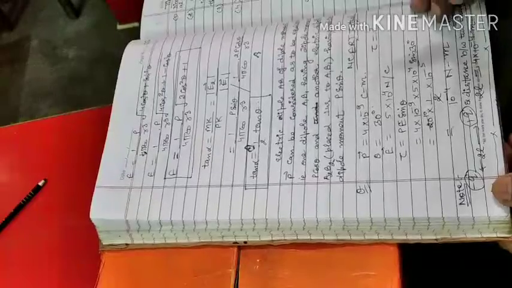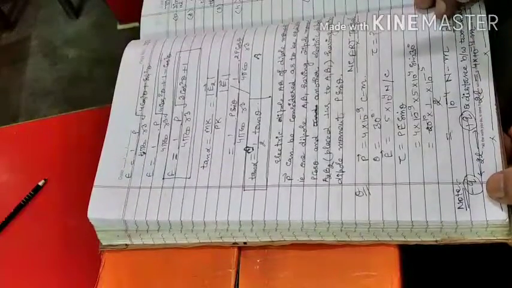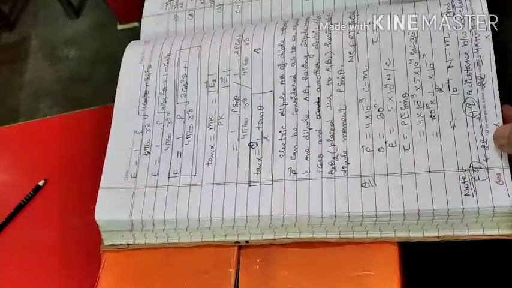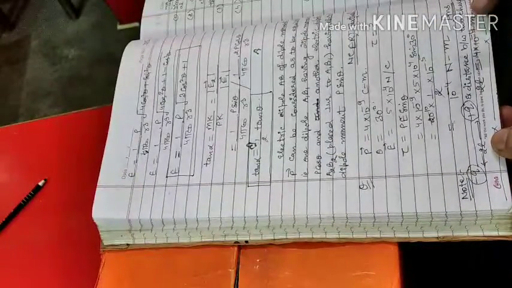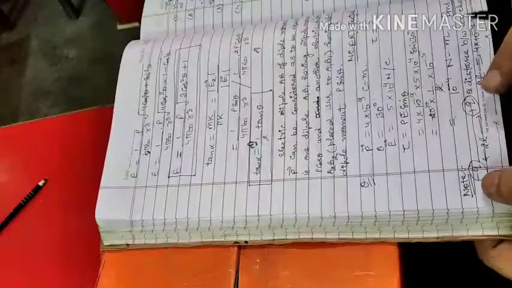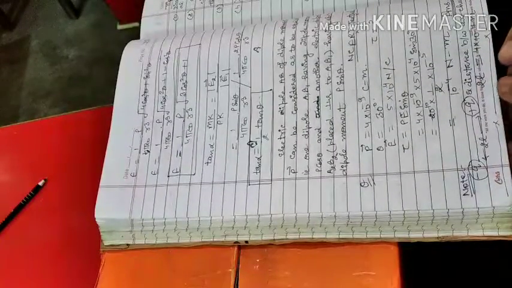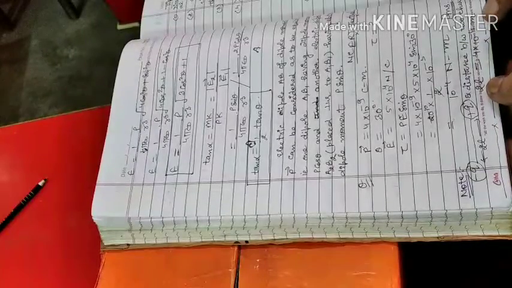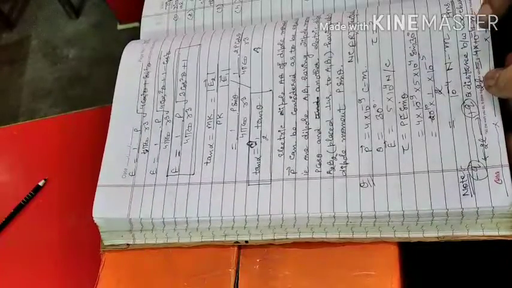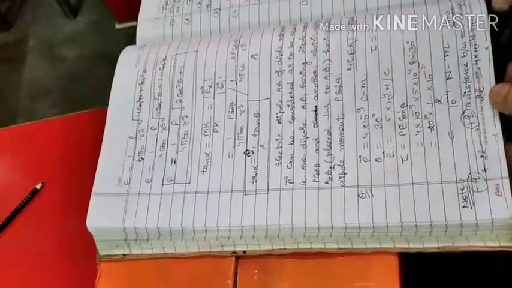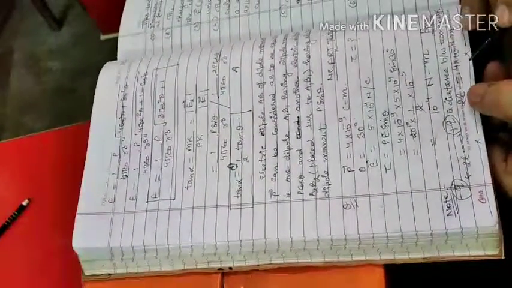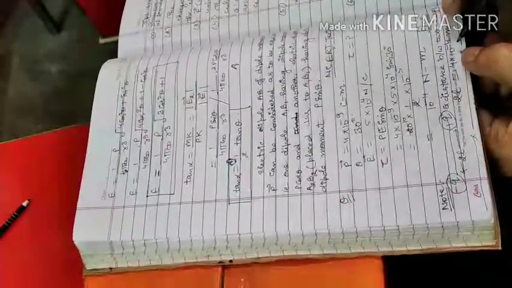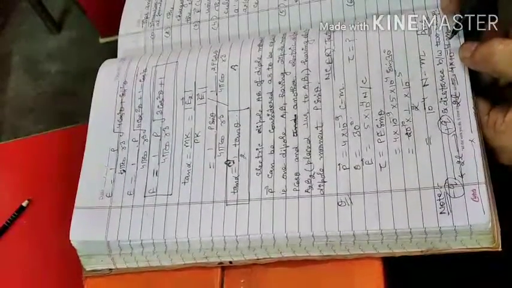Now children, it should be clear and kept in mind that in the case of a dipole, the distance between two charges is 2L, and the 2 is not a number to be multiplied. Here, the value of 2L is 4 into 10 raised to the power minus 4.